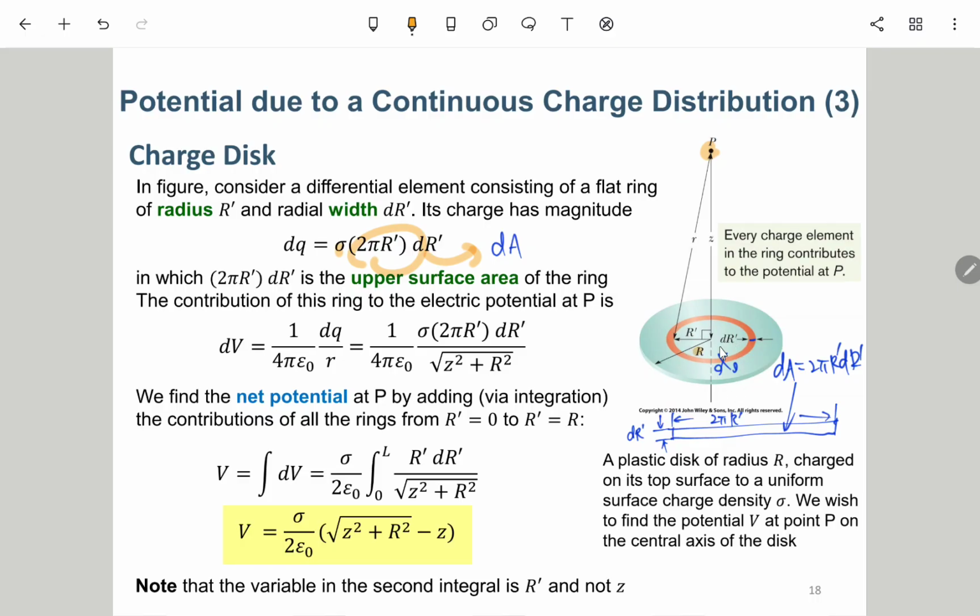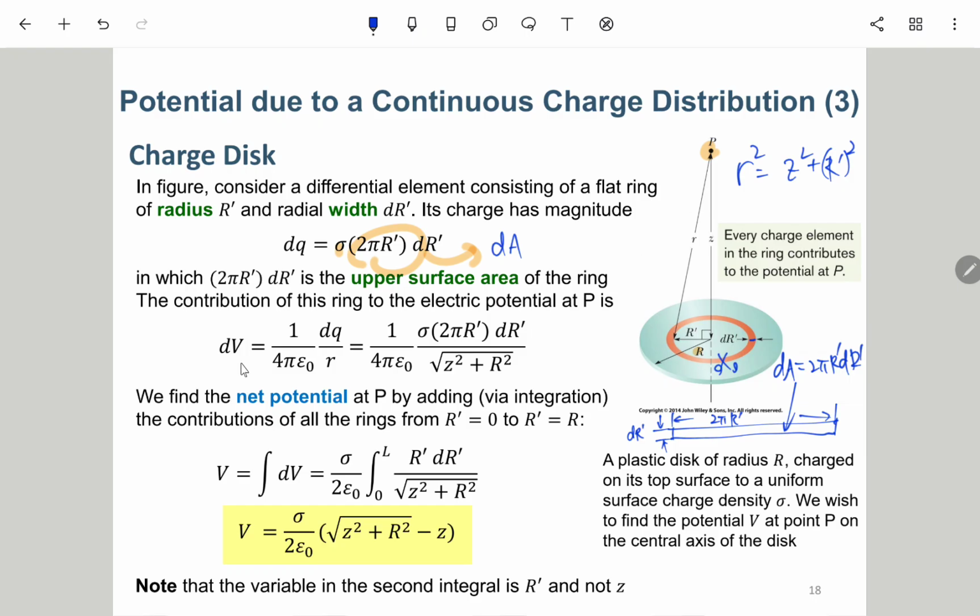After fixing the radius of the ring, the distance is r. So r is the square root of z squared plus r prime squared. So r squared equals z squared plus r prime squared.